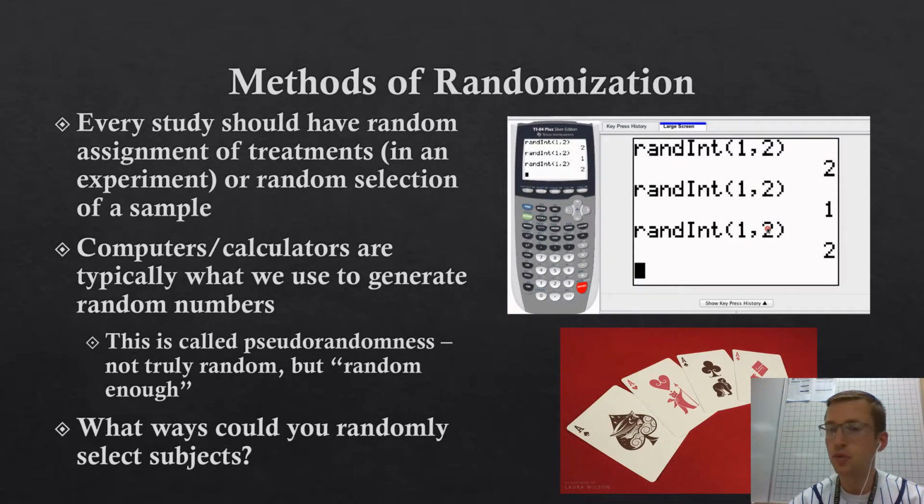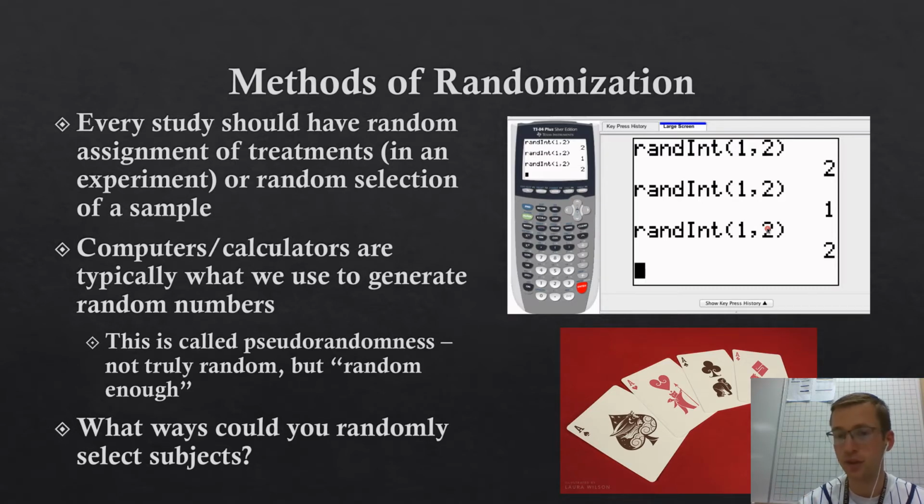When it comes to conducting an experiment, every study or experiment should have random assignment of treatments or random selection of a sample. What do I mean by that? If we have an experimental drug and a placebo, we want to randomly assign people to those treatments.